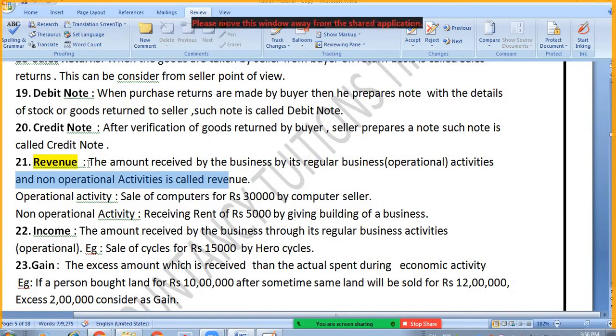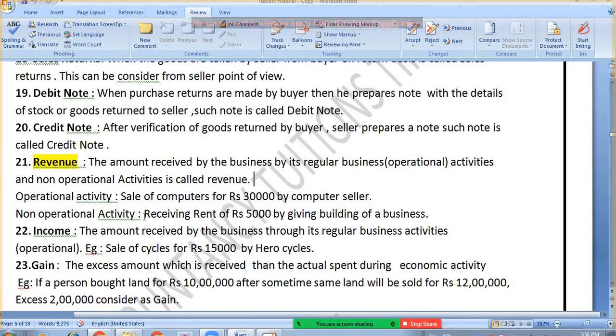Let us see what operational activities are and what non-operational activities are. Revenue simply means the amount received by the business in the regular course of business activities and non-operational business activities.